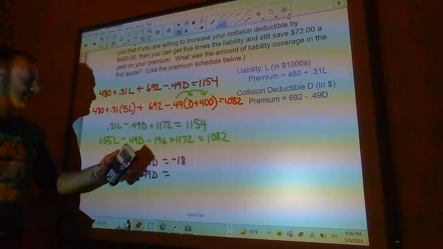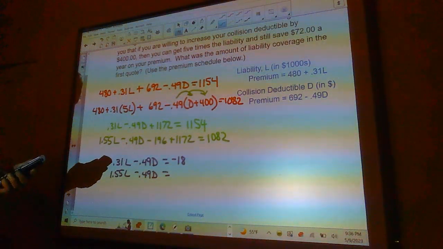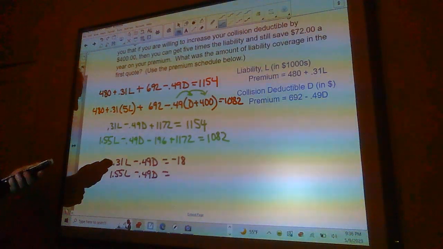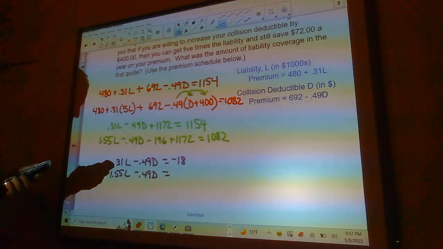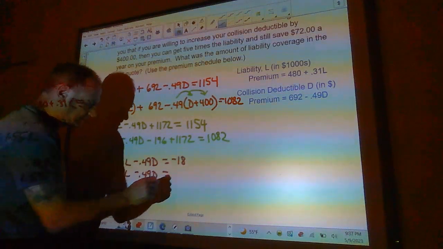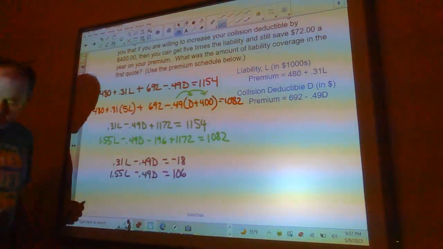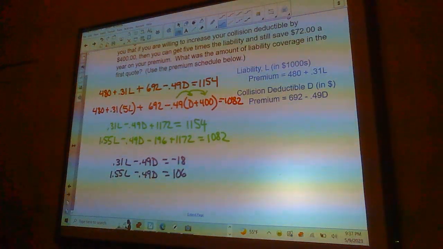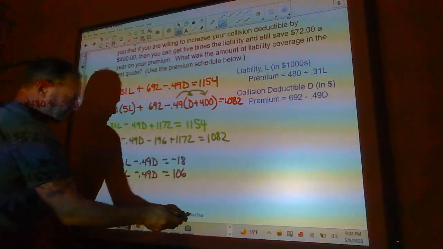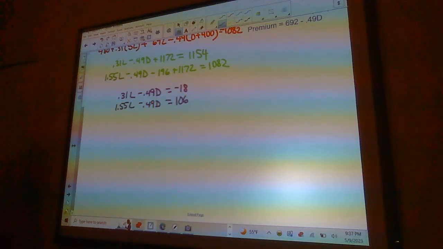Okay, I'm going to combine these two right here. So 1172 minus 196. That's 976, and then I'm going to subtract that to the other side. So 1,082 minus 976. It's going to be 106. Okay. So now I got my equation set up. This is a piece of cake now.